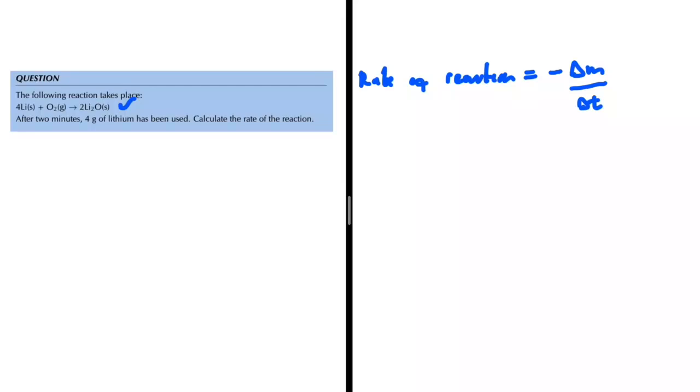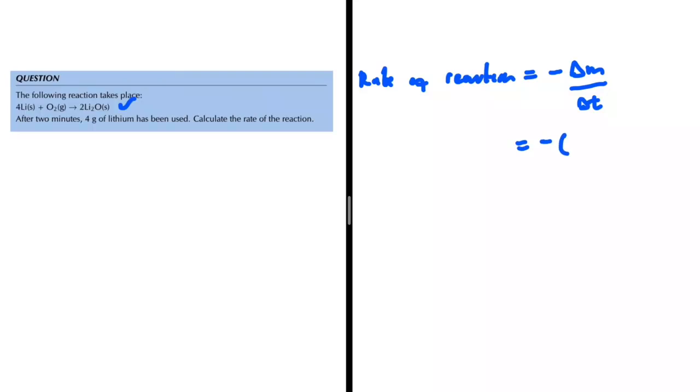If I was given information regarding one of the products, then I would just say the rate of reaction is equal to the change in mass divided by the change in time, because the change in mass would be positive given the mass of the product. So here the rate of reaction is equal to minus (mass final minus mass initial), right?